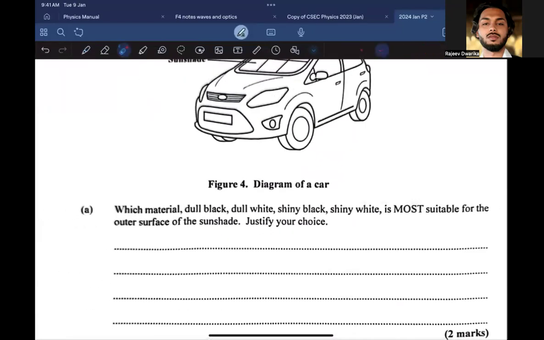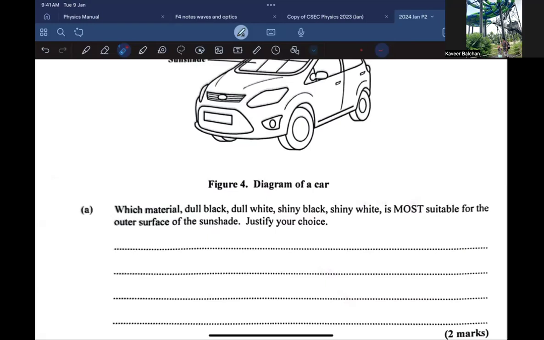So which material logically would reflect? Would it be the dull black, the shiny black? If you take the light in your phone and you shine it against something that's black, will it reflect the light? Right, shiny white. Because when you shine a light on something that's white, doesn't it reflect the light back at you?